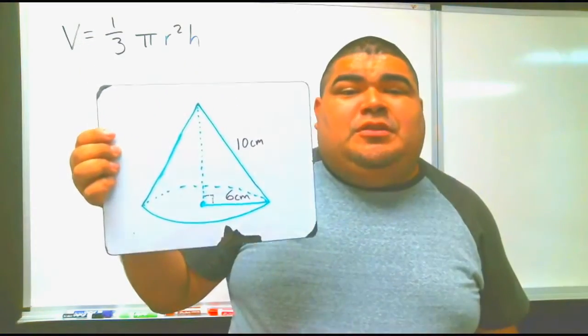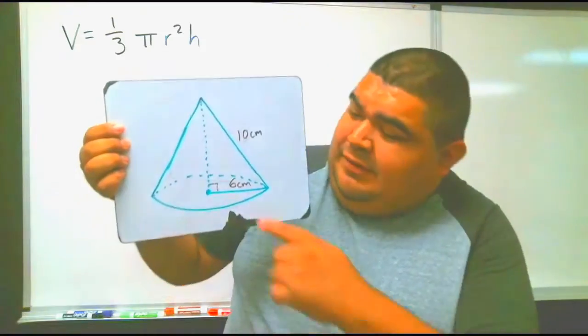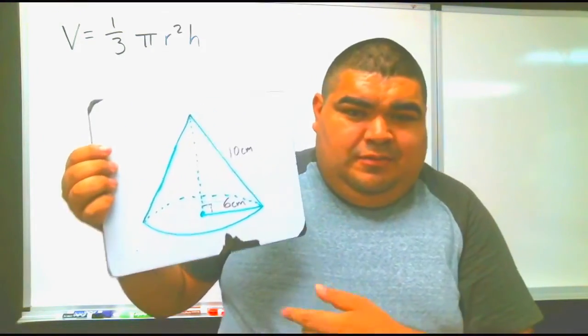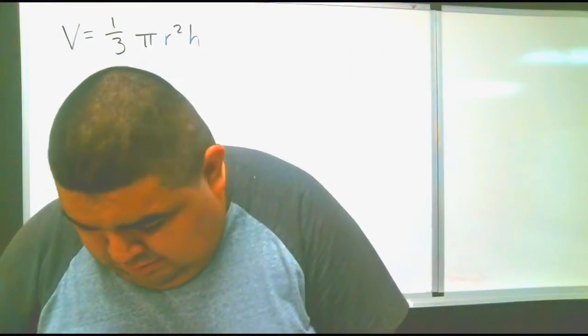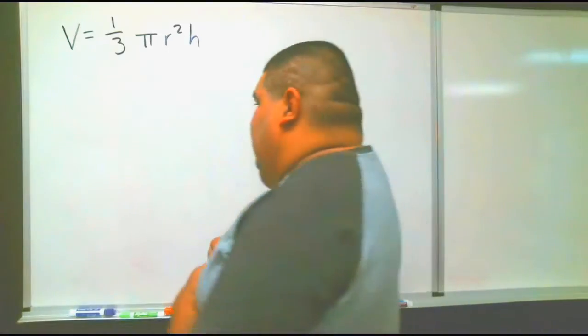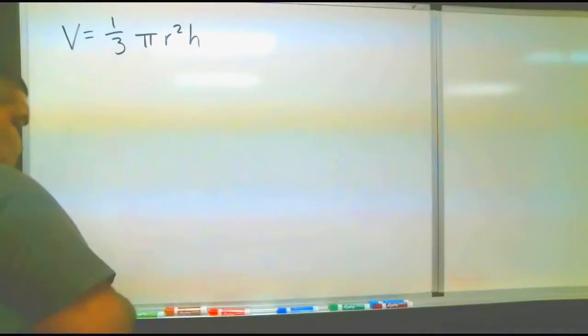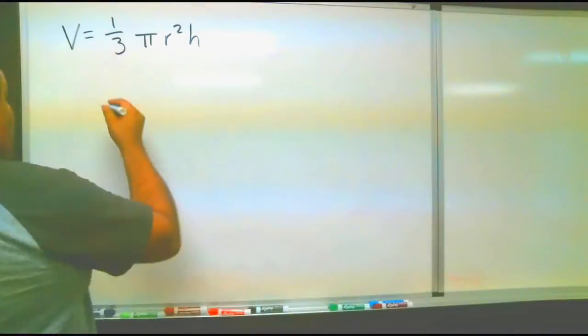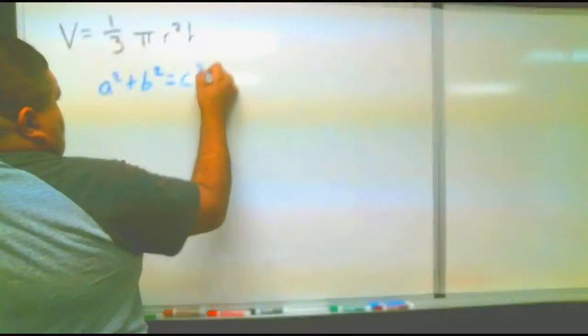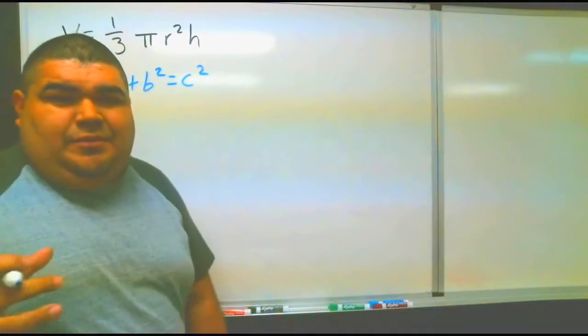So we're going to use the Pythagorean theorem to find the height, since we have the hypotenuse and one of the legs. So we say A squared plus B squared equals C squared, which is the Pythagorean theorem.